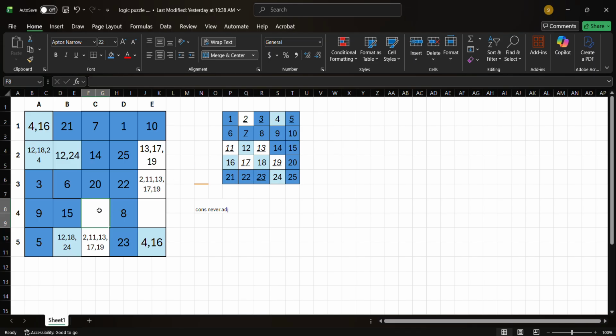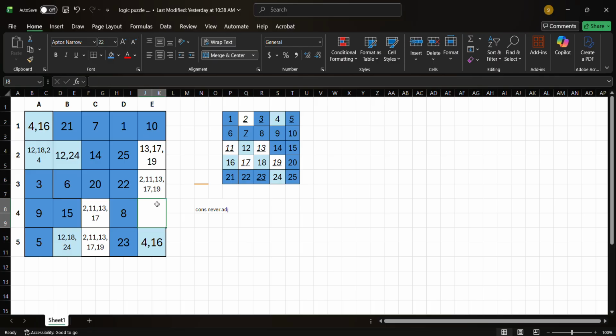So 2 could go there. And 11 could. 13. 17. Not a 19 though, because the 20 is above it. Let's bring that down a bit as well, so we can see everything.